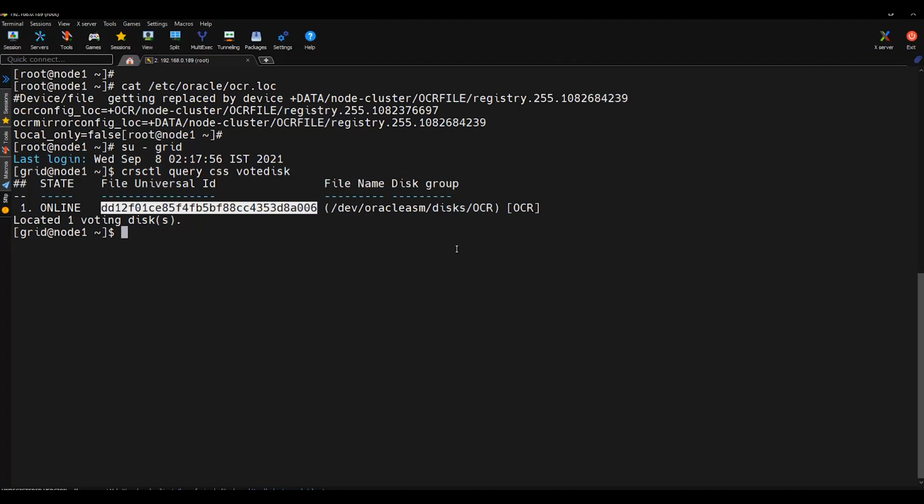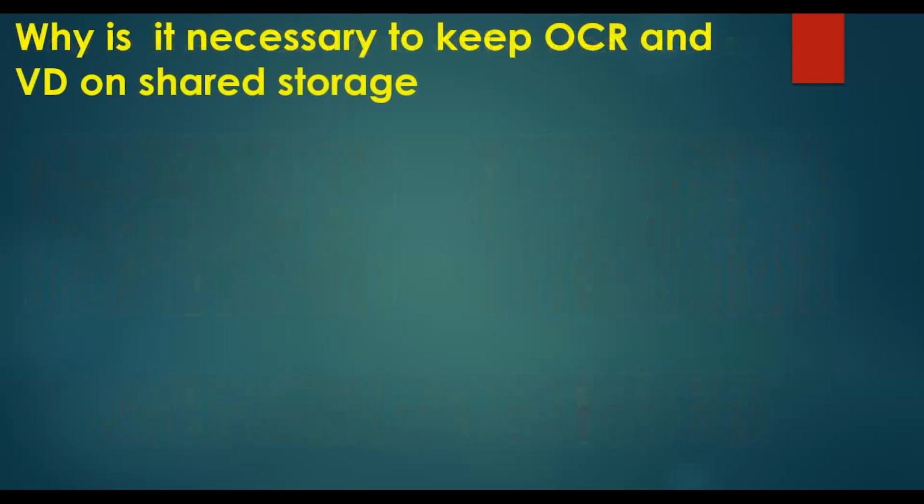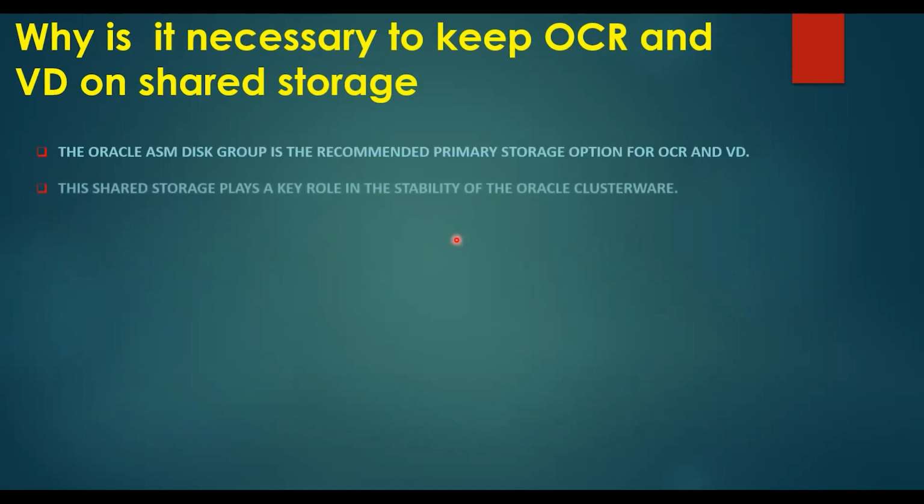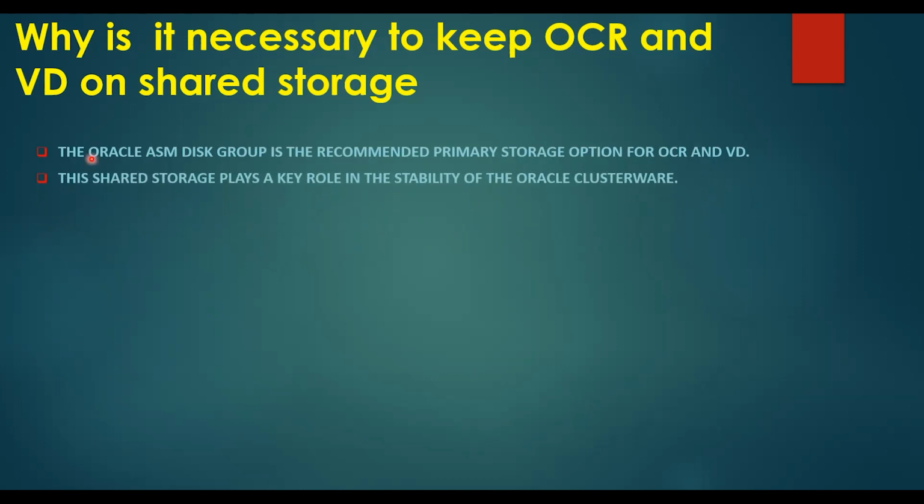Okay, moving further, why is it necessary to keep the OCR and voting disk on the shared storage? The shared storage plays a very key role in the stability of the Oracle Clusterware.